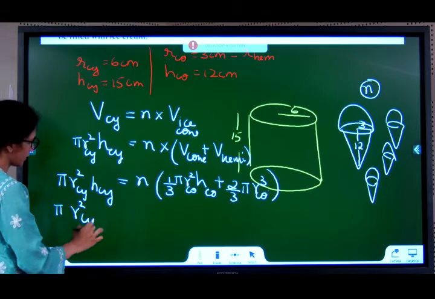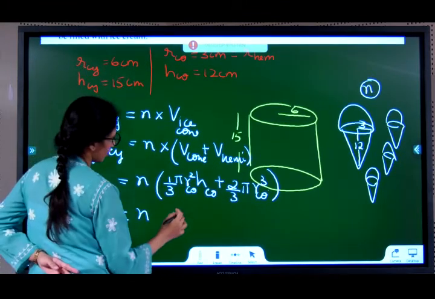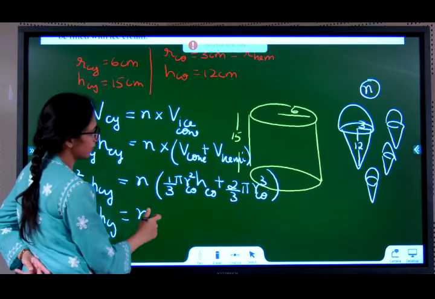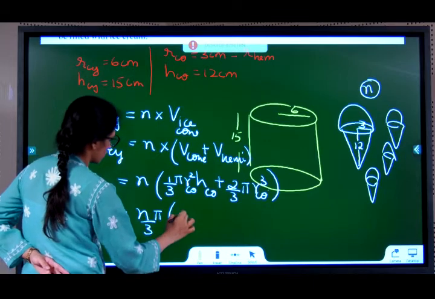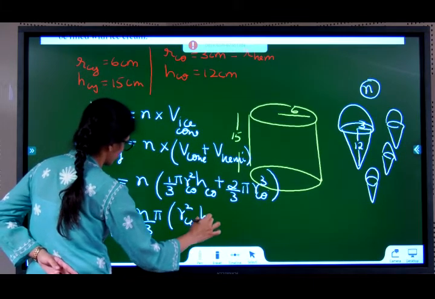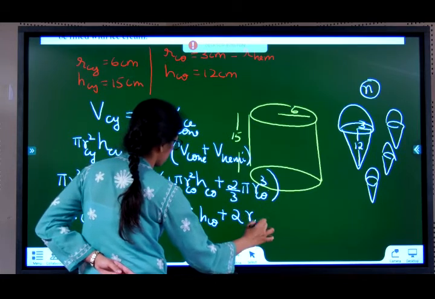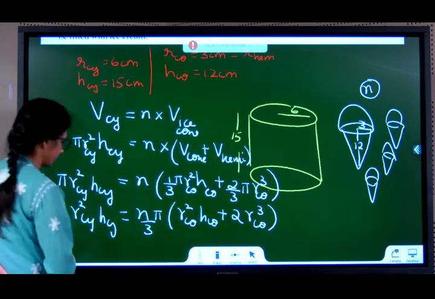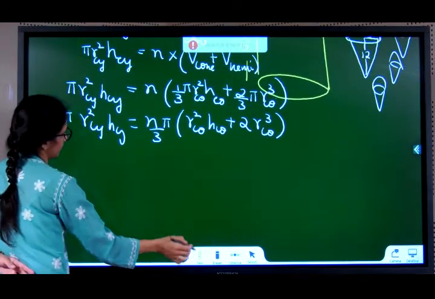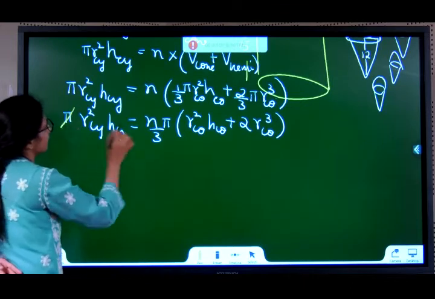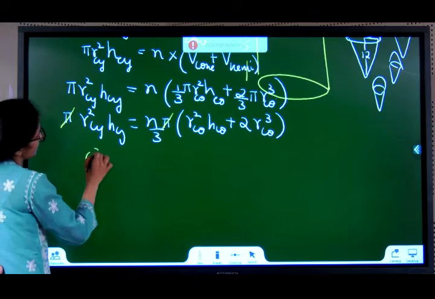Pi r square h of cylinder is equal to n, take out the pi, you can also take the 3 common. Yes, so 3 will come out and pi will come out. r square of cone into h of cone plus 2, pi and 3 have gone out, r cone cube. Pi, pi cancels. What is the r of the cylinder? 6 square.